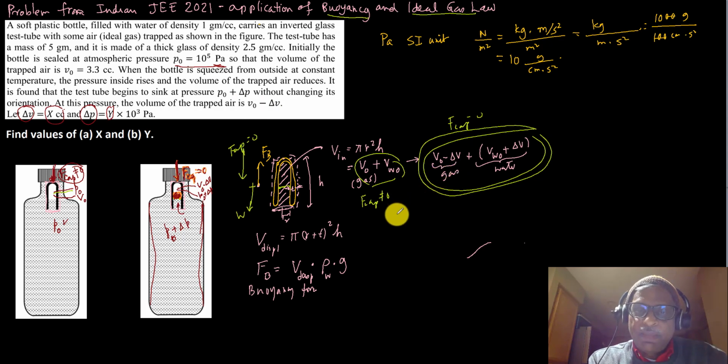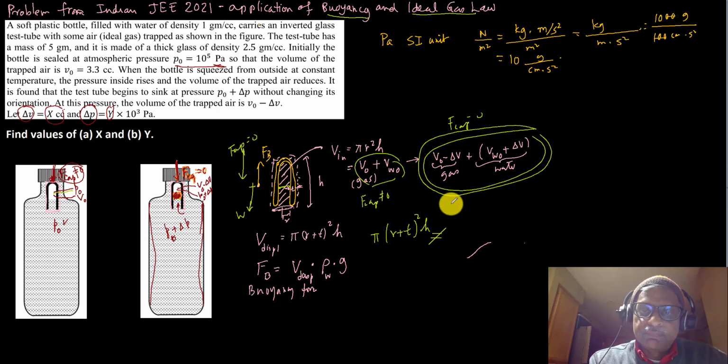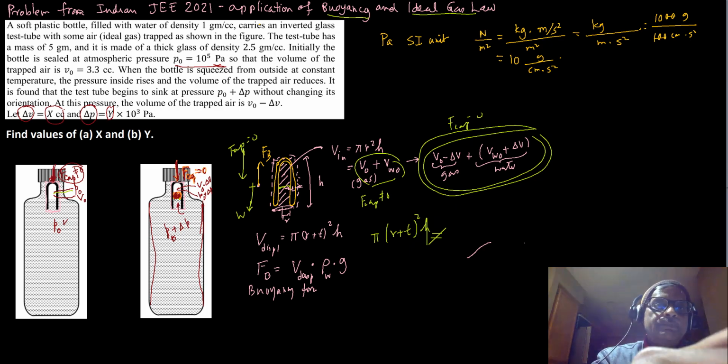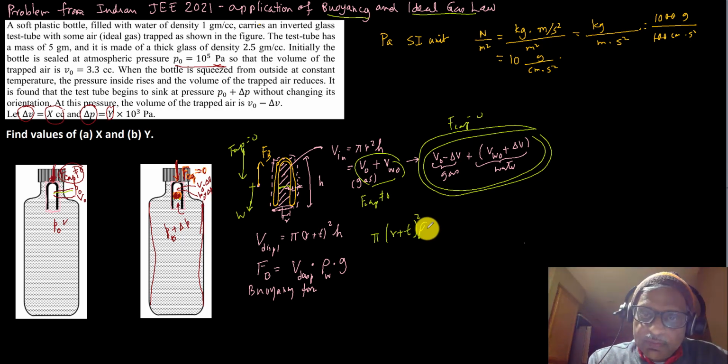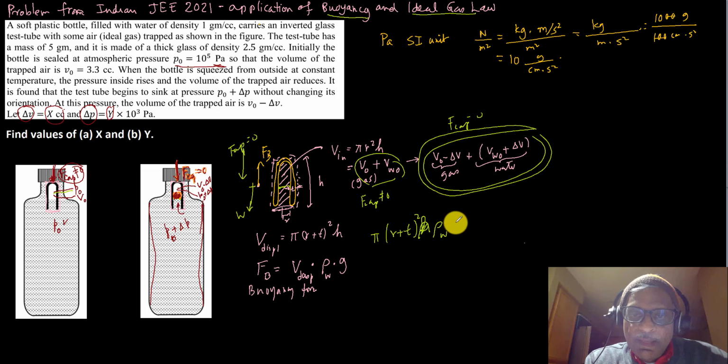Okay, so we have the displaced volume pi (r plus t) squared h, times rho w g.